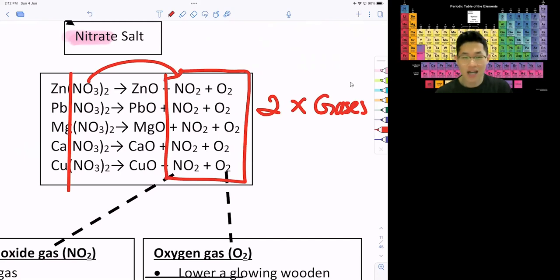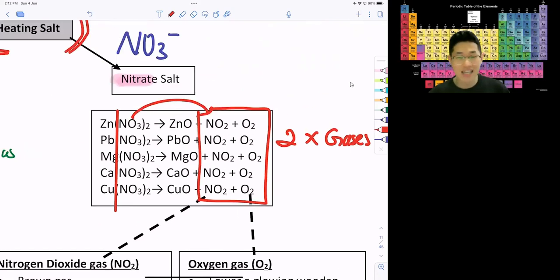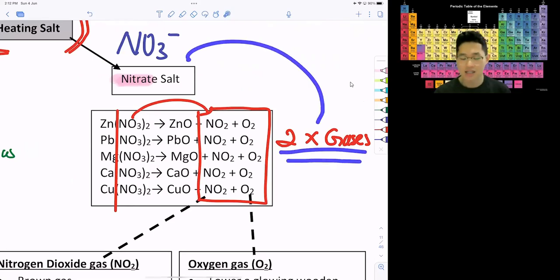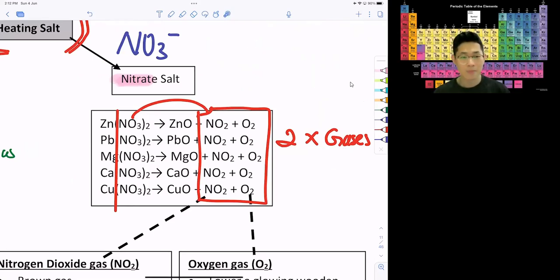So what are the ways to identify nitrate salt? When you see two types of gas, nitrate. When you see NO2, then obviously the mother will be NO3. Why does it come with O2 as well?